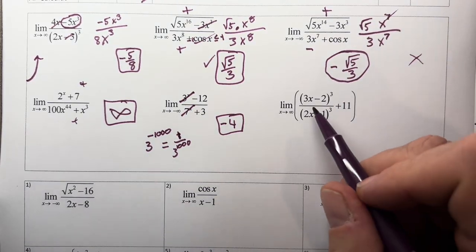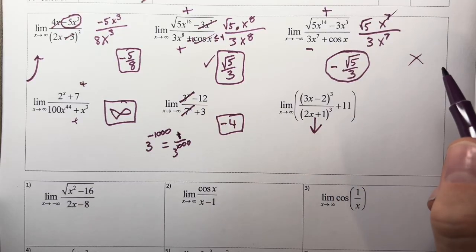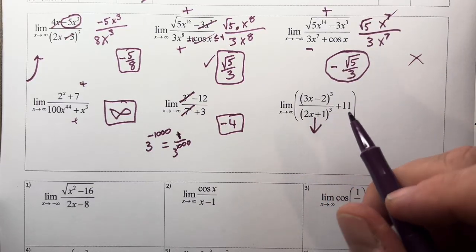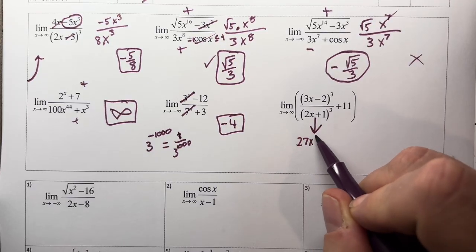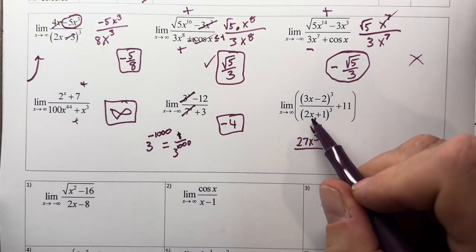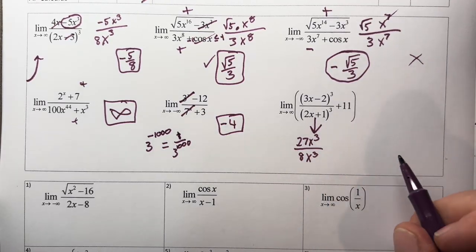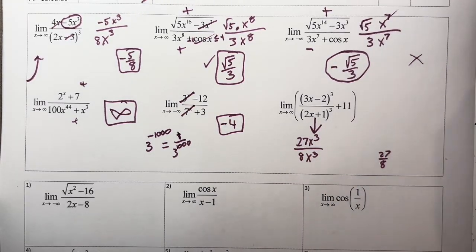So we really can do our analysis on the first part here, and 3x times 3x times 3x is 27x cubed, and this is 8x cubed, and so we'll have, just as this part, 27/8.